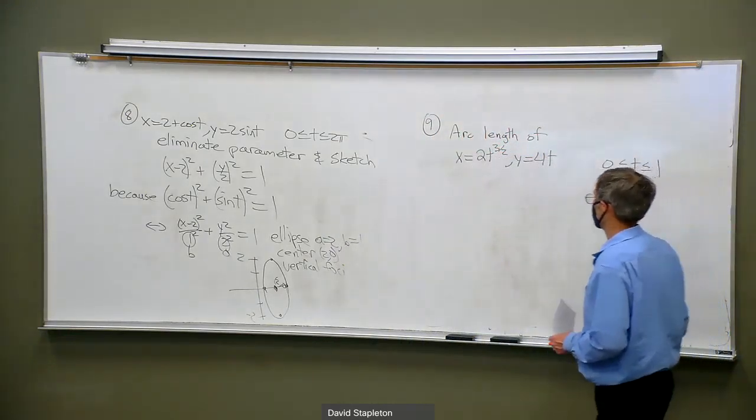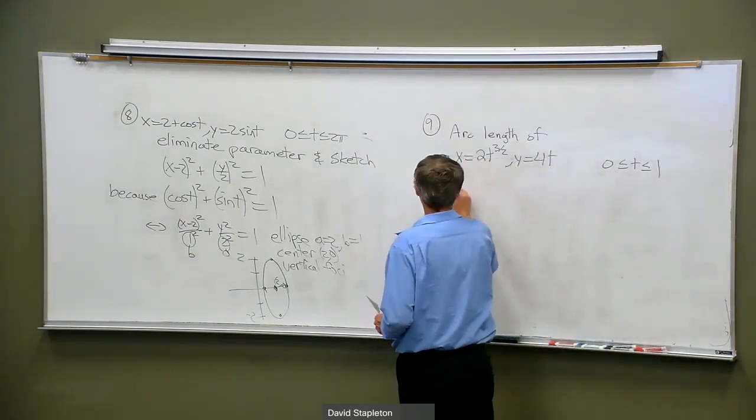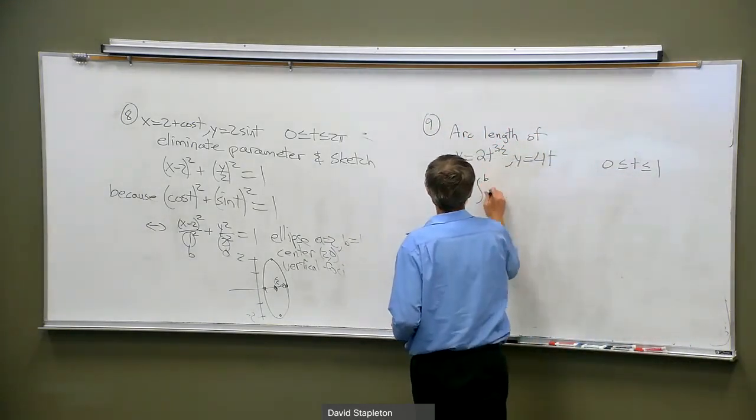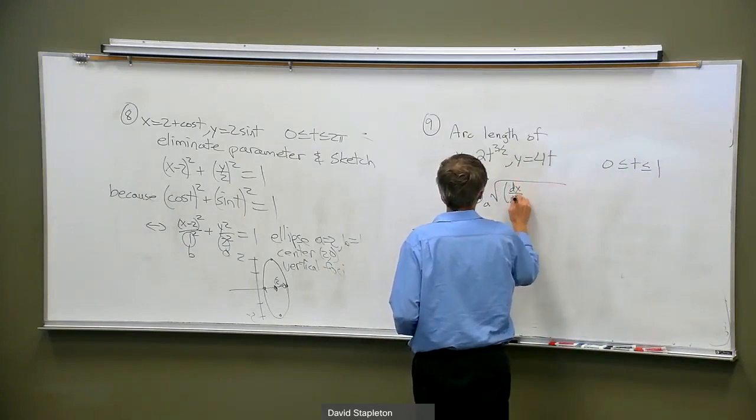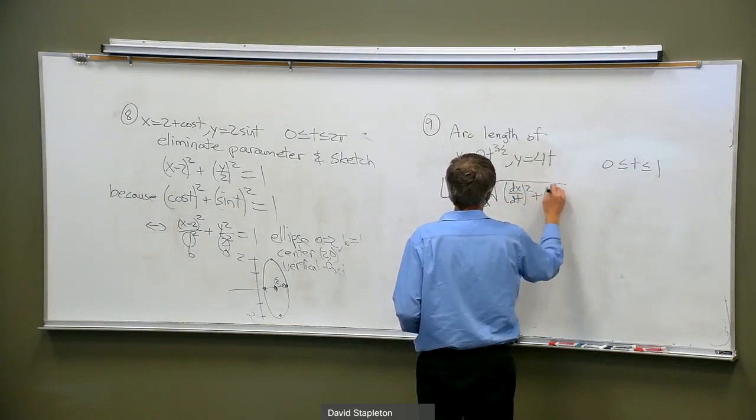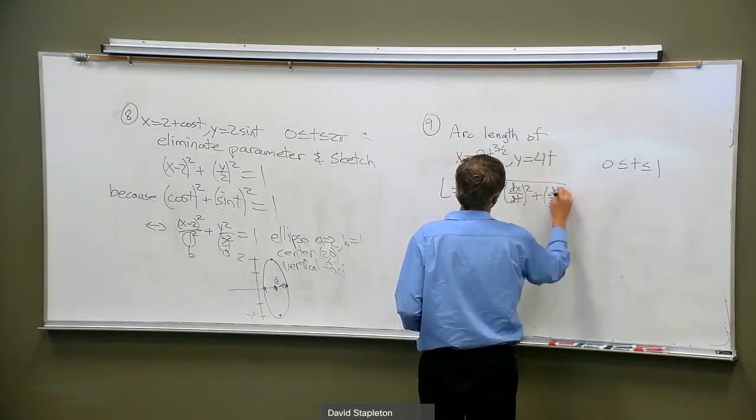What's the arc length? You memorize this formula. It is the integral from a to b of the square root of (dx/dt) squared plus (dy/dt) squared. So you have to memorize this one.